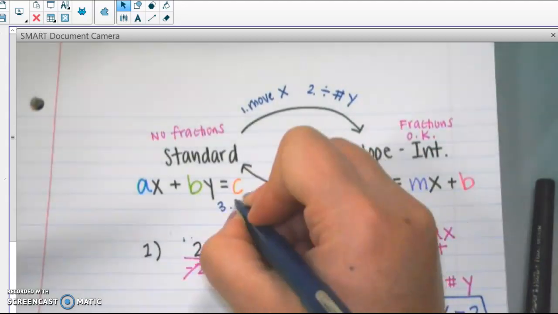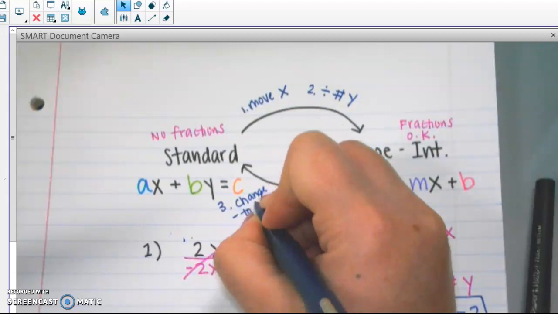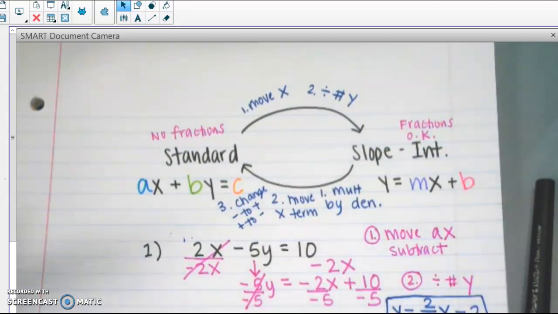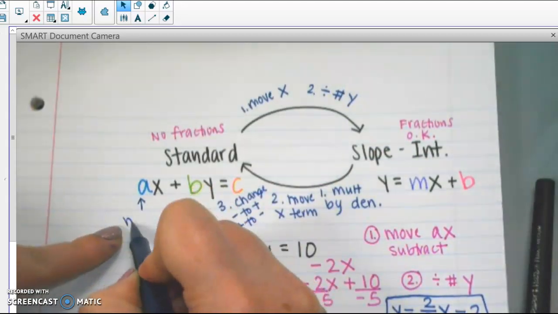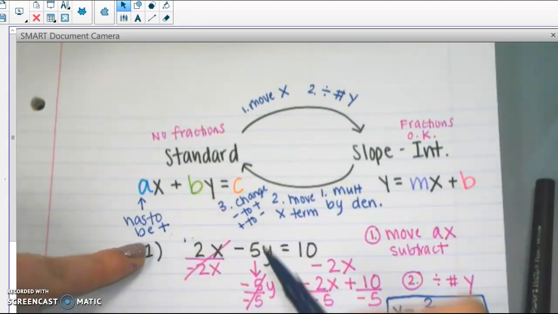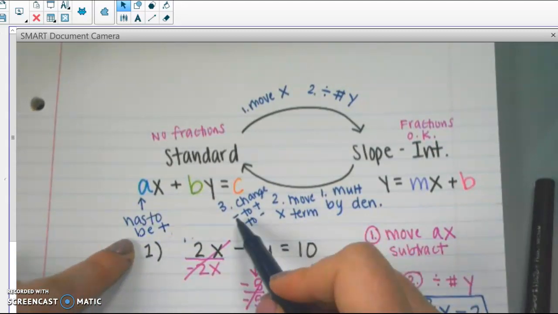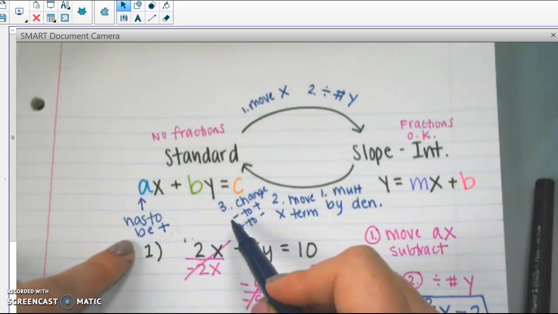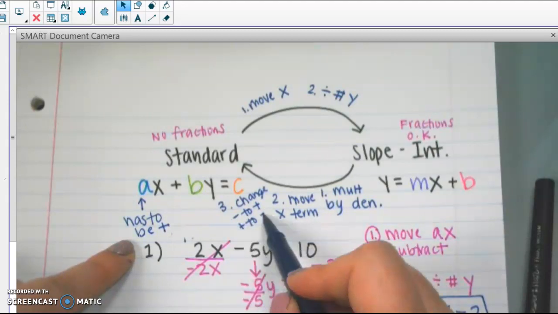And 3, if a is negative, it has to be positive. That first number has to be positive. So if it's negative, we have to change all of our signs, which means we're changing all the negatives to positive and we're changing all the positives to negatives. You're changing all the signs.